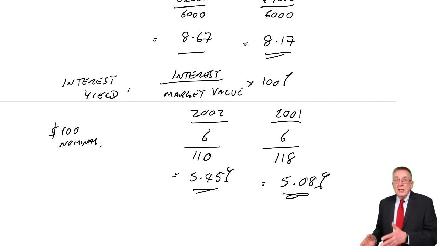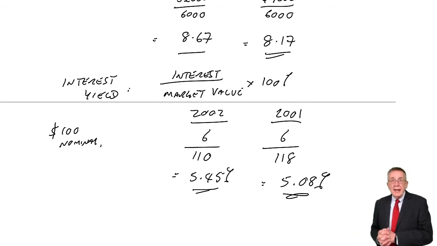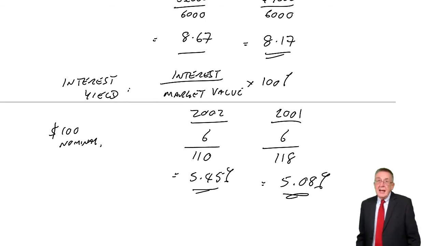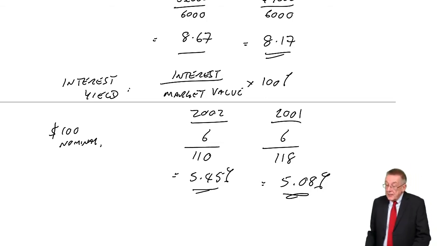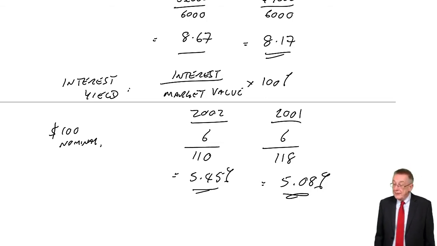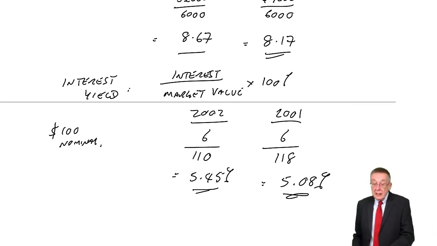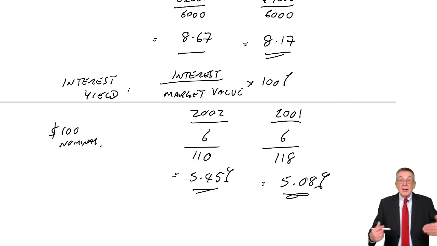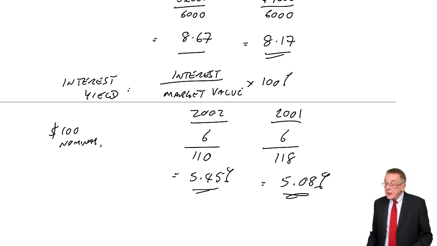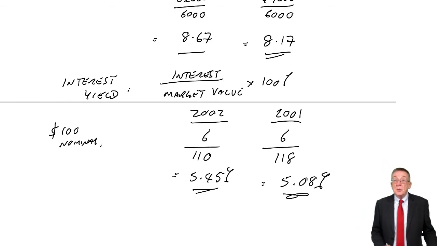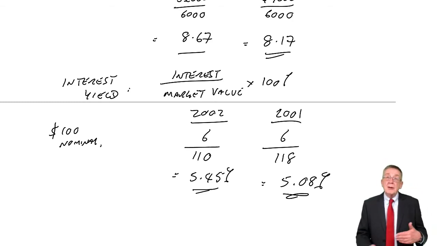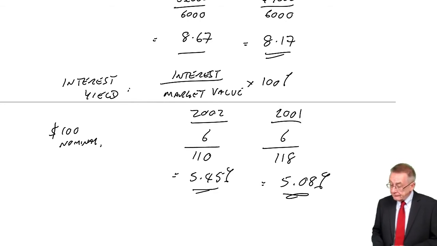And the return, they'll be very much comparing with what they can get elsewhere. Maybe last year banks were giving 4%. These debentures would be very attractive. You put your money there, you get 5%. This year, obviously, banks may be paying more or less interest. Interest rates don't stay constant. And so again, this year you'd be comparing the 5.45 with interest you could get elsewhere when considering whether or not it was worth investing.